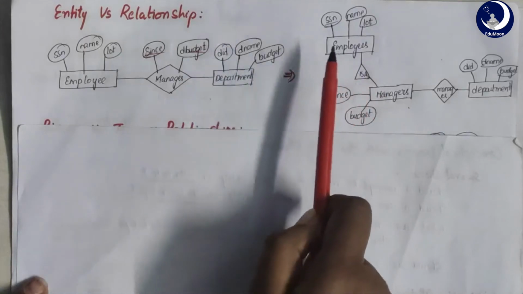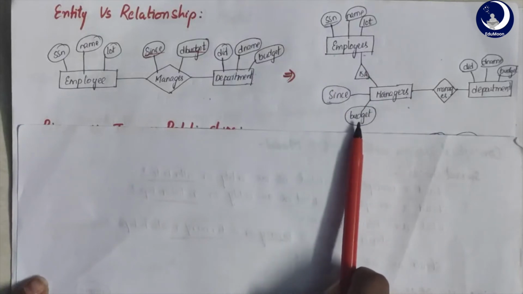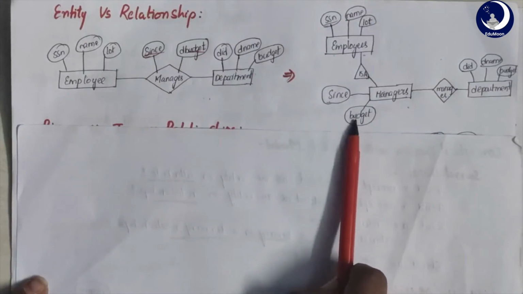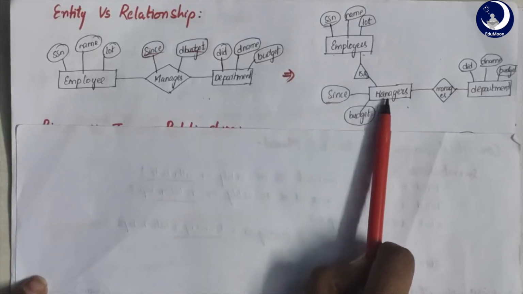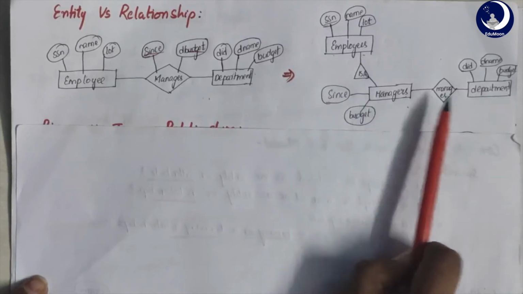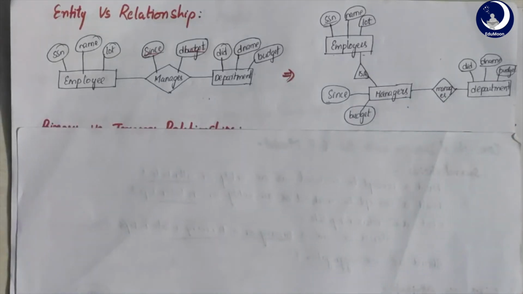So the manager is an employee, and this manager is given some budget for each department he is working in, and also from when he is working. Now this manager is related with a relationship to the department, manages. This is how, according to our assumption, we have redesigned our ER model.